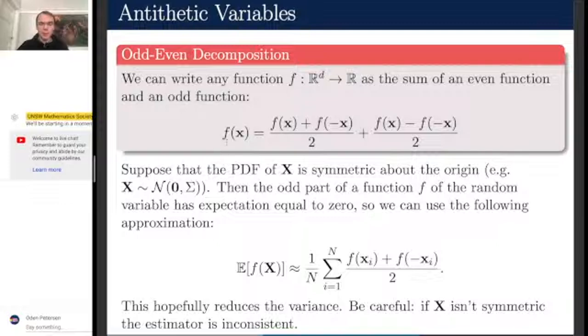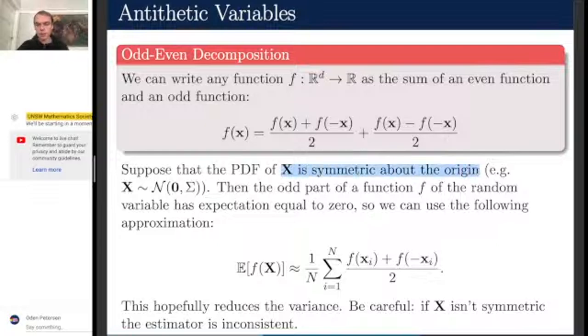I guess one thing that's not so great about this method is it very much requires that the distribution we're sampling from is symmetric. Because if it's not symmetric, the expectation of this odd term will not necessarily be 0. And so because of that, we really can't apply this method anywhere else except where this x is symmetric.